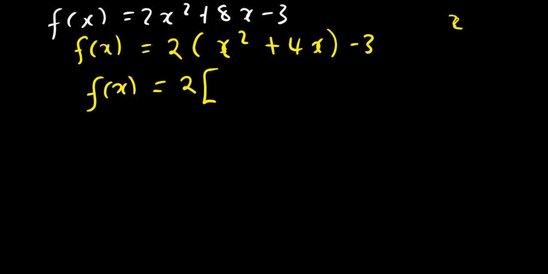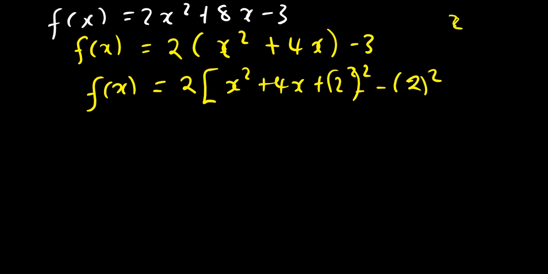You're going to add and subtract it. So when you do that, you have x² + 4x + 2² - 2² - 3.